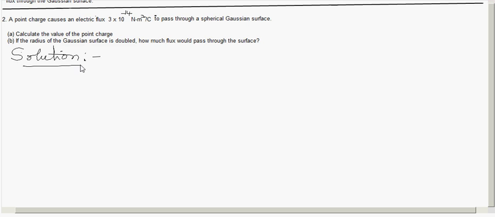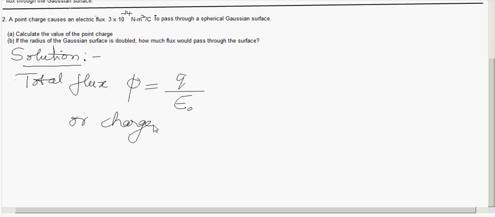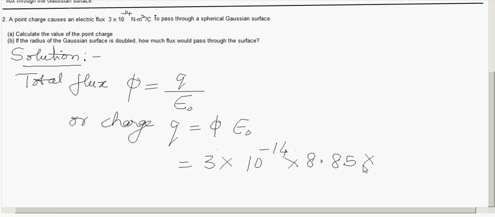By Gauss's law, total flux through the Gaussian surface, phi, is q by epsilon naught, so the charge enclosed q is phi into epsilon naught. Given phi is 3 into 10 to the power minus 14, and epsilon naught is 8.85 into 10 to the power minus 12.